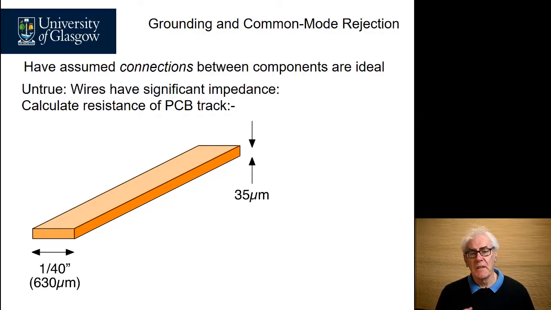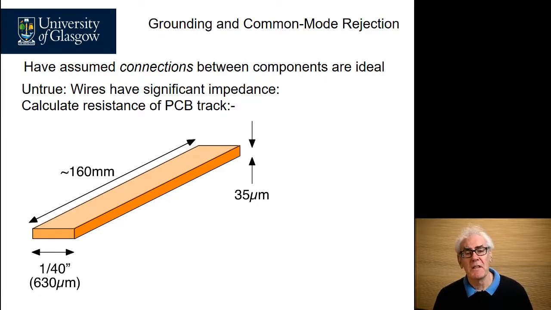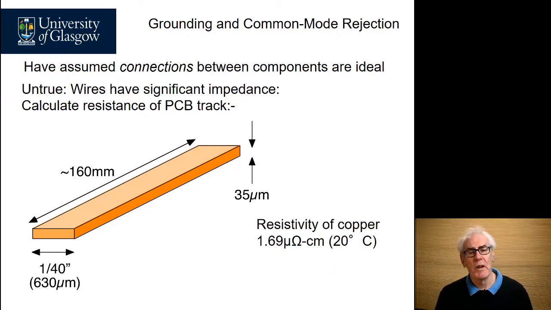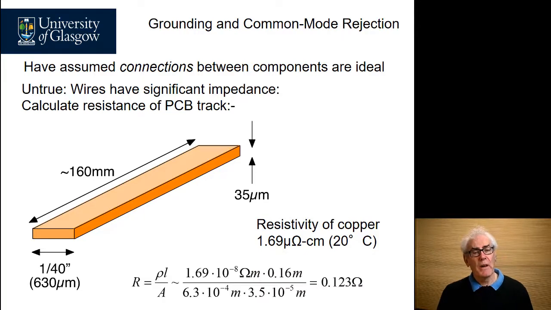We're going to assume that it's a standard production run of circuit boards, so it'll be about 35 micrometers thick, and it's running across a typical sized circuit board, so we're going to say it's about 160 millimeters long. So let's calculate the resistance from one end to the other. Looking up the tables, the resistivity of copper is about 1.7 micro-ohm centimeters. We can work out that the resistance here is equivalent to about 0.1 of an ohm.